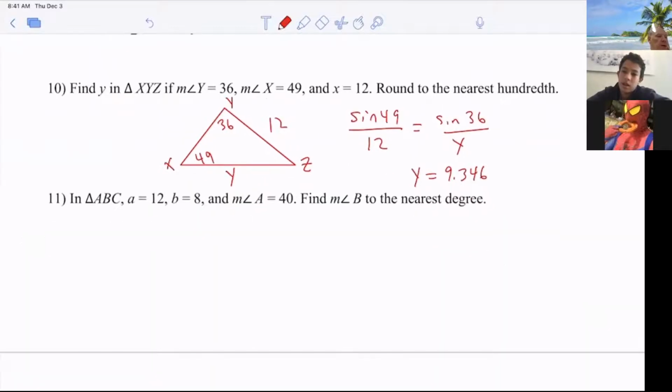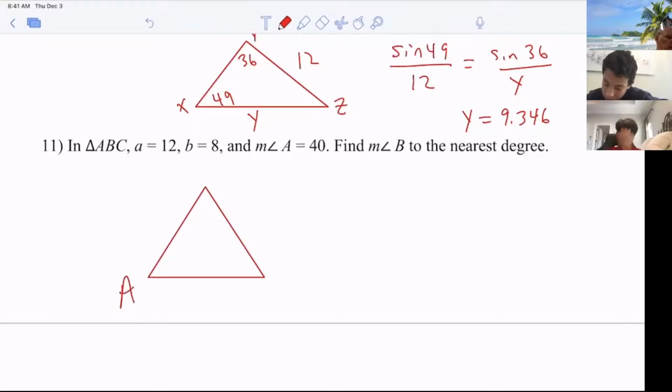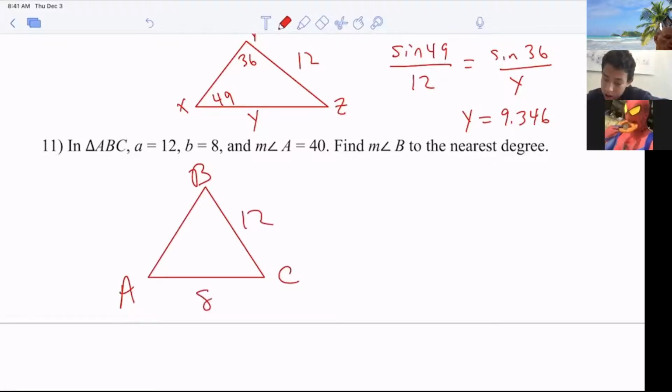Okay. So now, number 11, same thing. I would just draw out my triangle. A, B, C. A is 12. B is 8. Angle A is 40. And we're trying to figure out angle B, right?